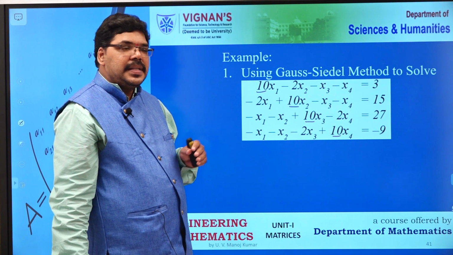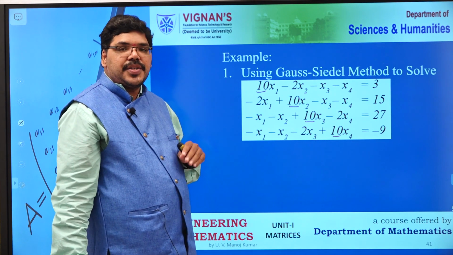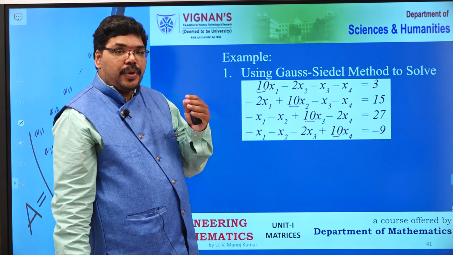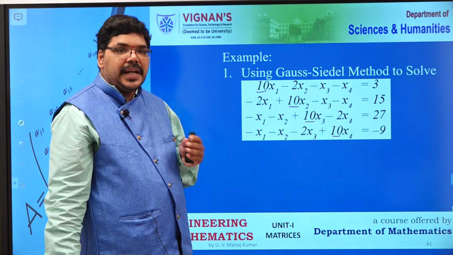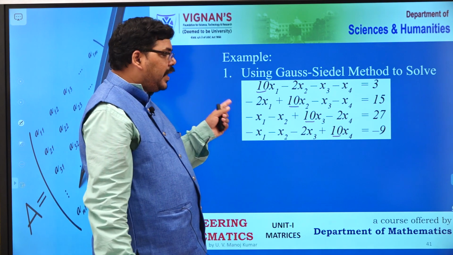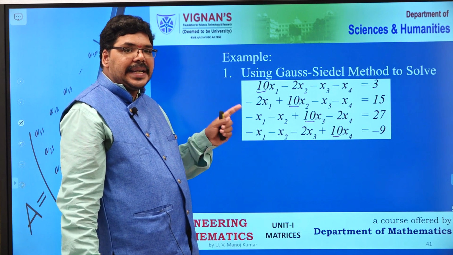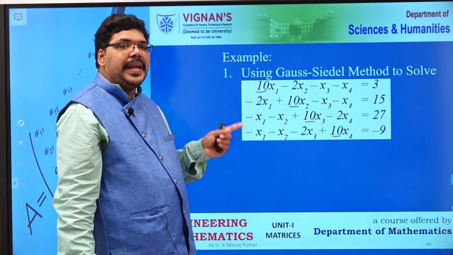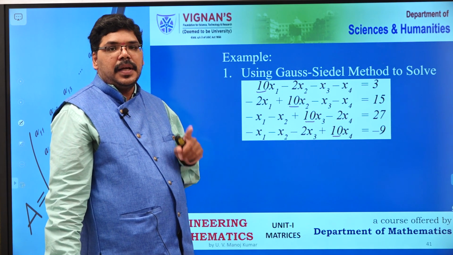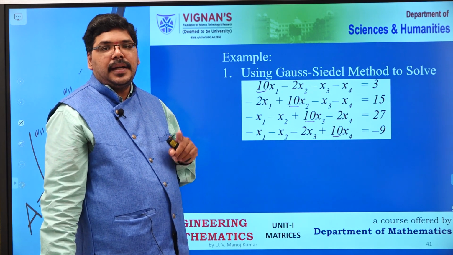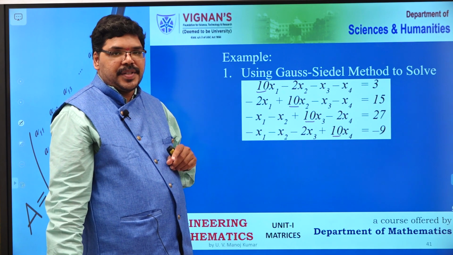If equations are not in such order, you have to rearrange them so that after writing the equations in matrix form, the principal diagonal elements are dominating the other elements. That is a must for applying the method.